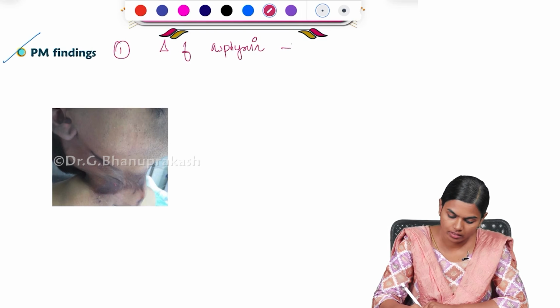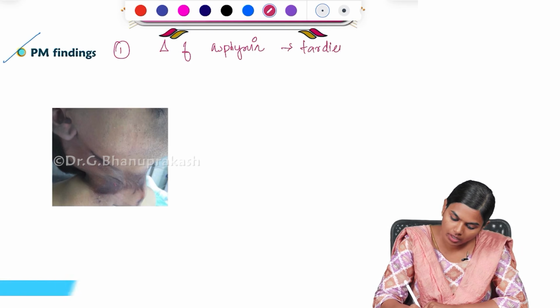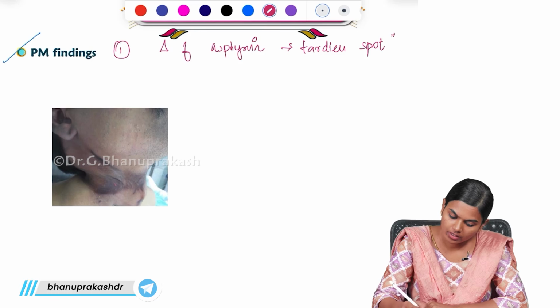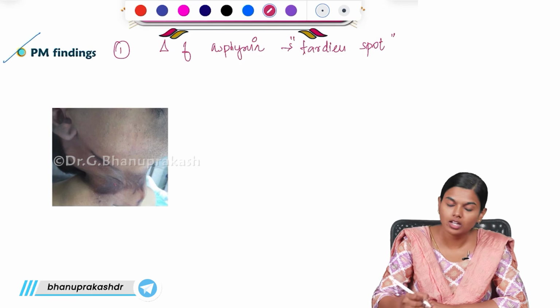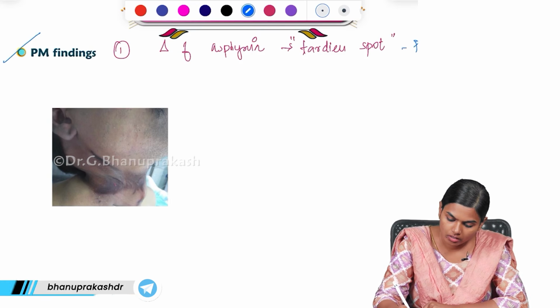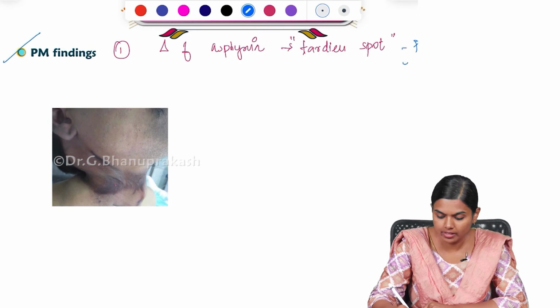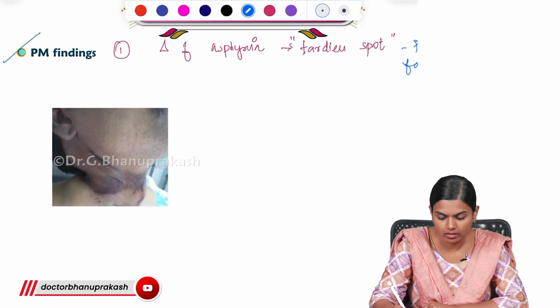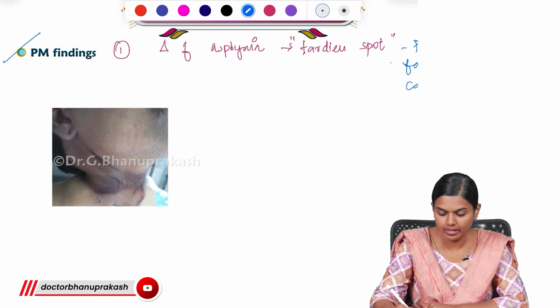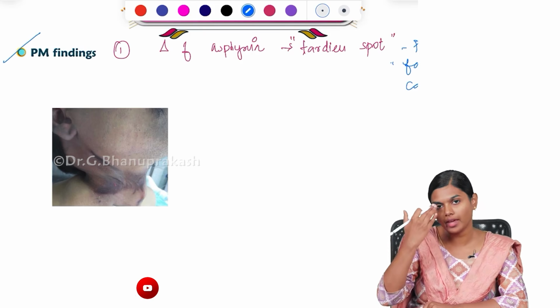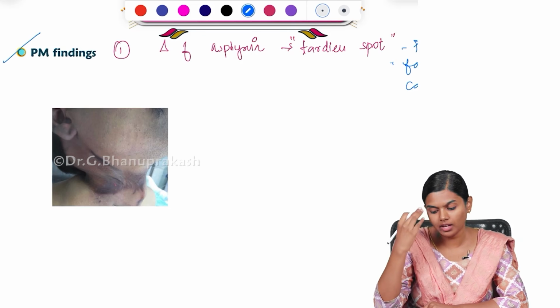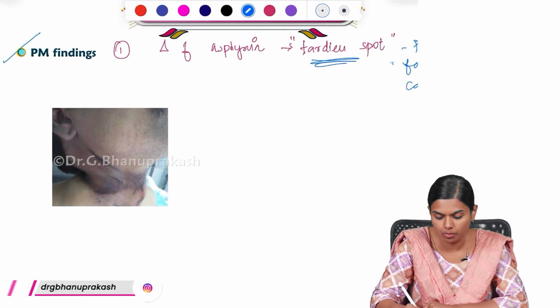And we say something known as Tardieu spot. This is nothing but small petechiae, and when these petechiae are seen over the face, especially over the eyebrow, eyelids and conjunctiva in asphyxial death, we call them Tardieu spots.